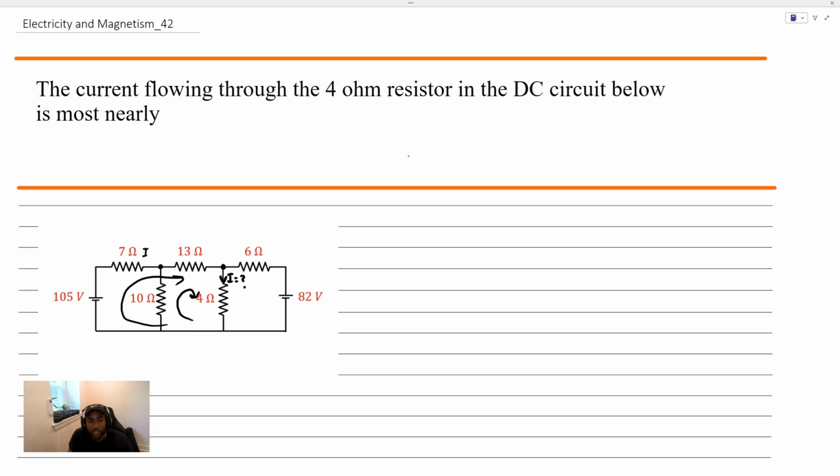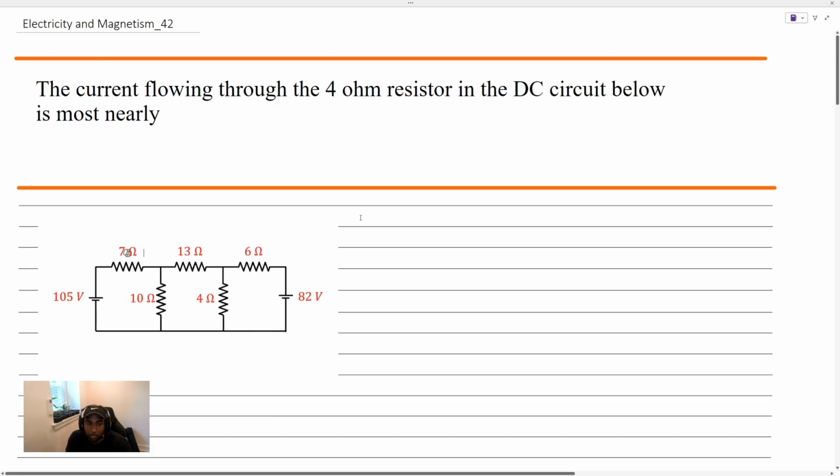So the way we deal with this is by applying a specific technique, which is called mesh current analysis. And that really puts together Kirchhoff's voltage law and current law into a technique that we can use to get around situations like these. Now, it's possible to use Kirchhoff's voltage law and current law to solve a problem like this, but you'd end up with a bunch of equations, and mesh current really simplifies the approach.